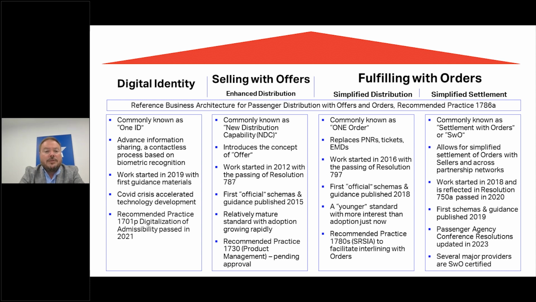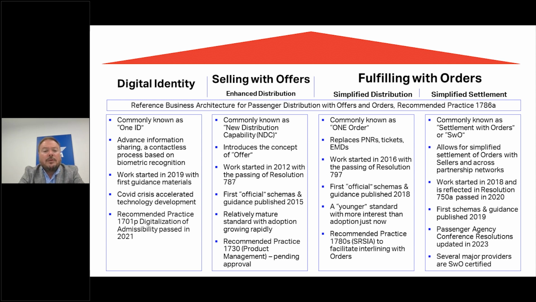Now, within those domains, we already have a whole stack of standards that we maintain, and you have standards under digital identity that were developed and voted. You have standards under selling with offers that I suppose many of you would probably be more familiar with, because here we're talking about NDC that's been talked about for quite a number of years now, and it's a part of Resolution 787.